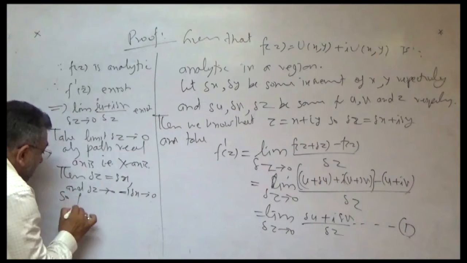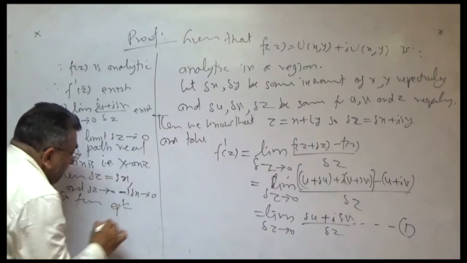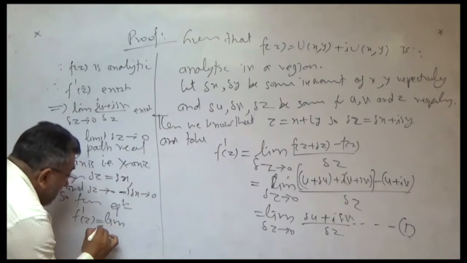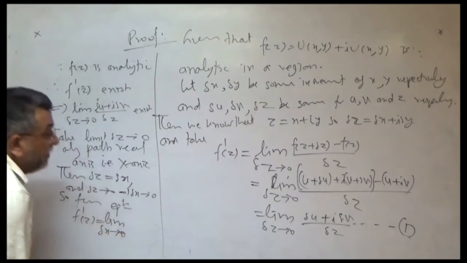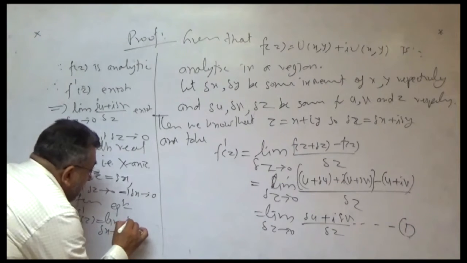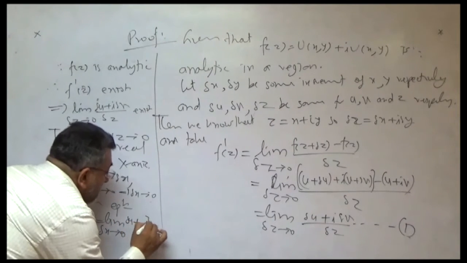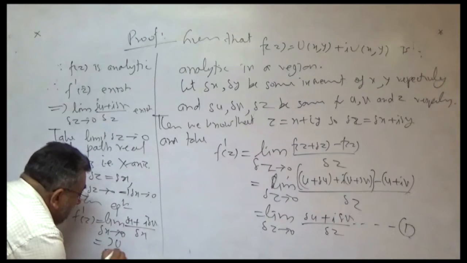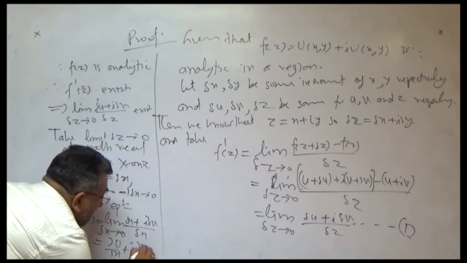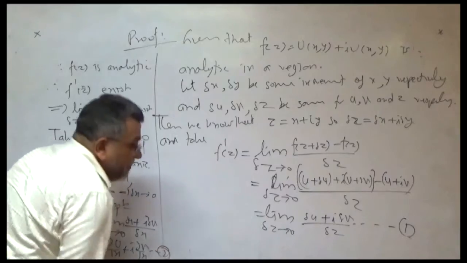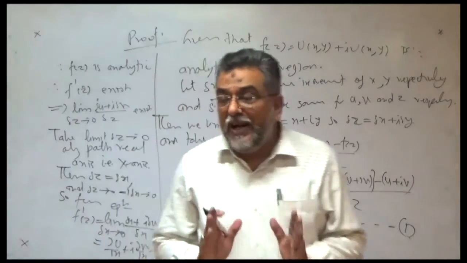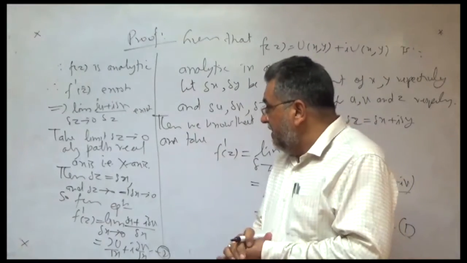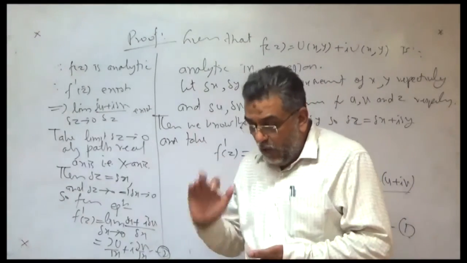So from equation 1 we get f dash z equal to the limit as del x tends to 0 of del u plus i del v upon del x. After taking the limit, we get del u by del x plus i del v by del x. Take this as equation 2. This is the value of the limit along the real axis, means along one path.